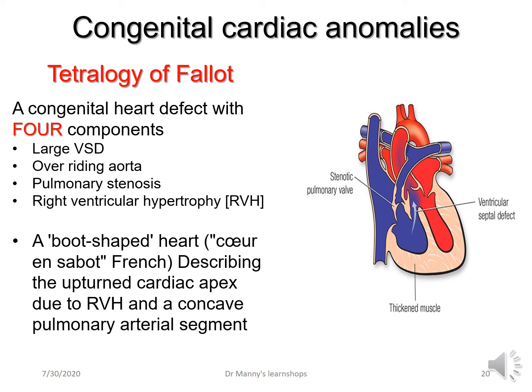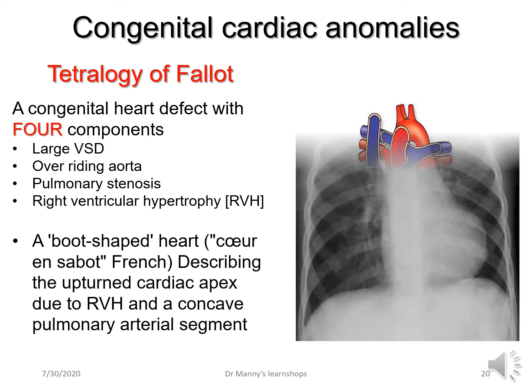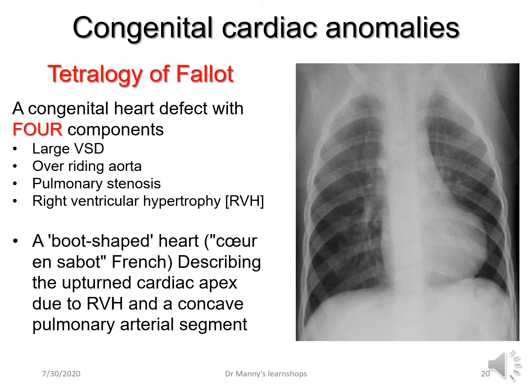What you see on the chest X-ray is a boot-shaped heart, coming from the French, coeur en sabot. This describes an upturned cardiac apex, which occurs due to right ventricular hypertrophy, and a concave pulmonary arterial segment because the pulmonary artery doesn't develop properly. On chest X-ray, a boot-shaped heart with an upturned cardiac apex.